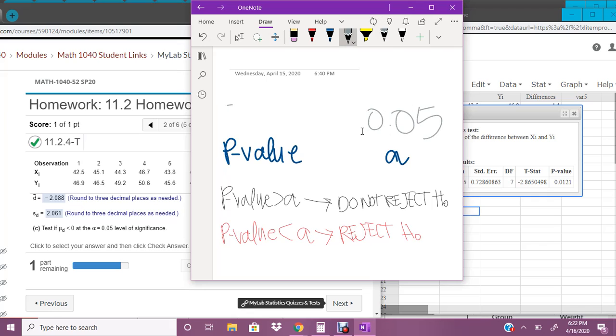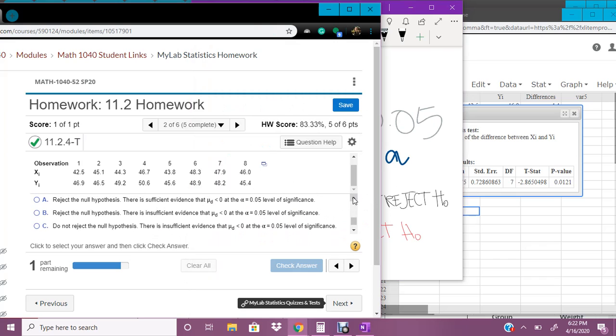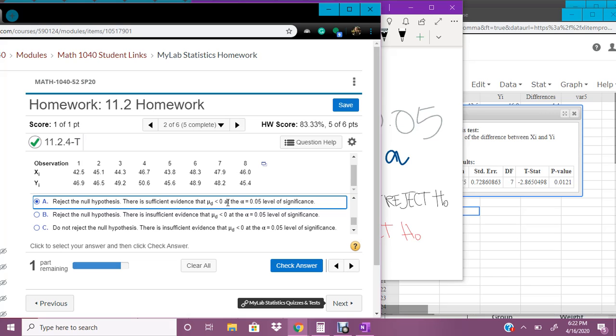And our p-value is 0.012. And this one is less than 0.05. And so if that's less than alpha, then we're going to reject the null. And we reject the null because there is sufficient evidence to conclude that the mean difference is less than 0.